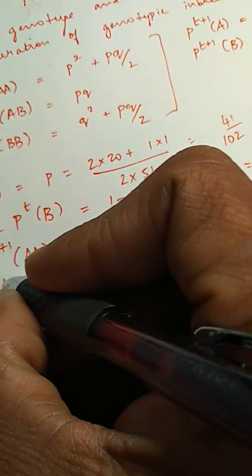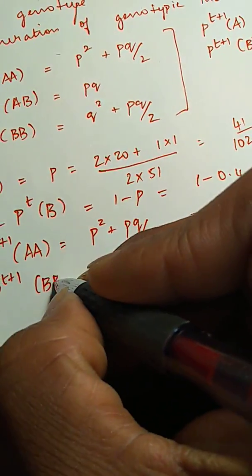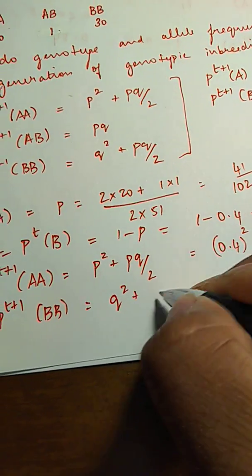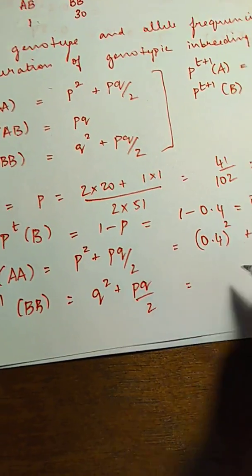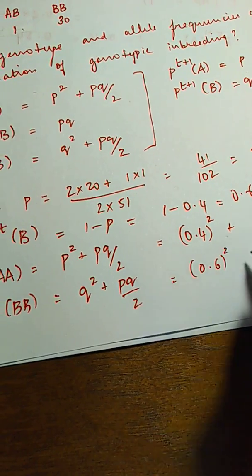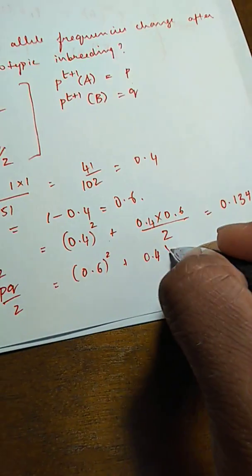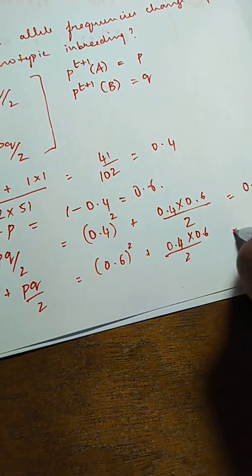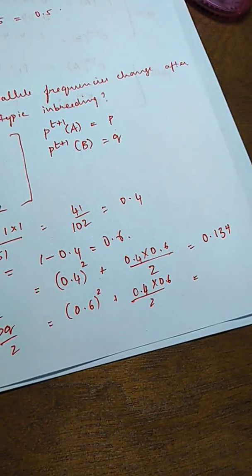Similarly, the frequency of the BB genotype is going to be q squared plus pq over 2, which is equal to 0.6 squared plus 0.4 times 0.6 divided by 2, which is equal to 0.48.